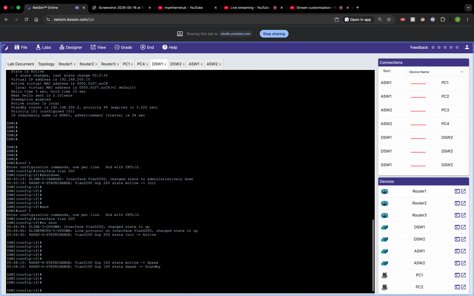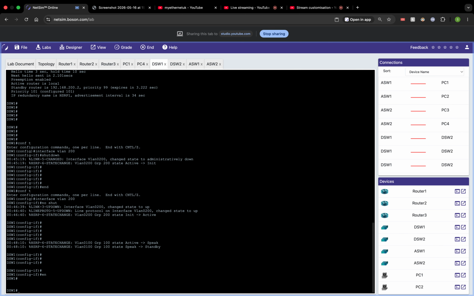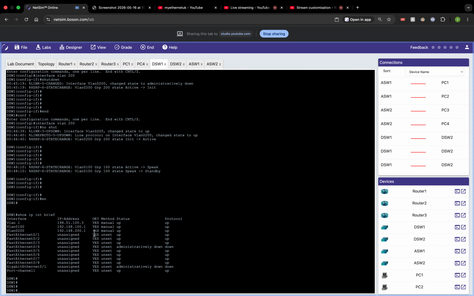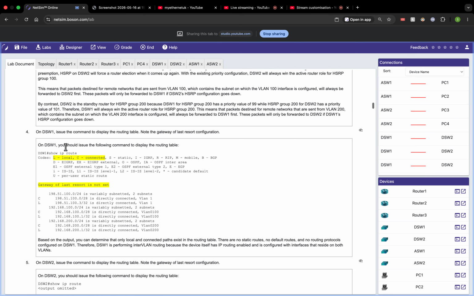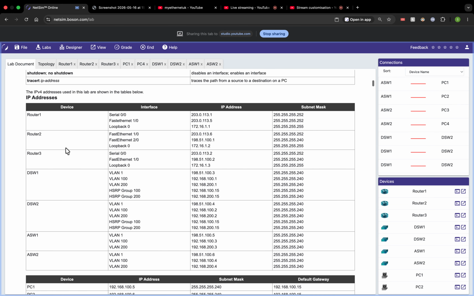So let's go enable and then ip default-gateway 192.168.100.15. Yeah, 100.15 there, and then 200.15 after.